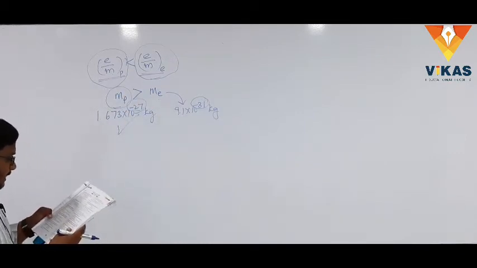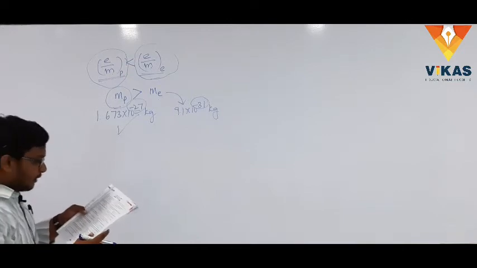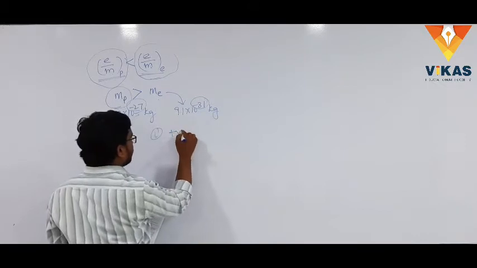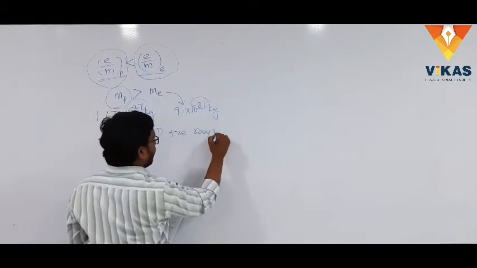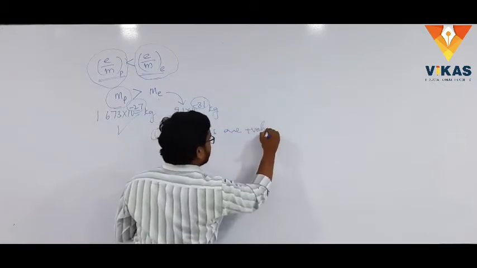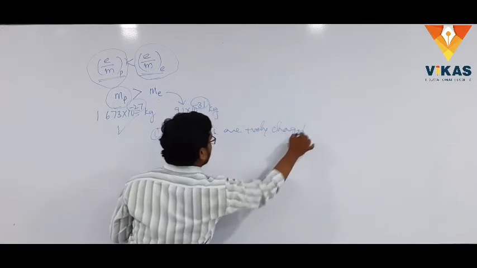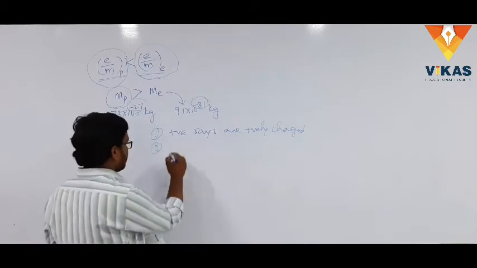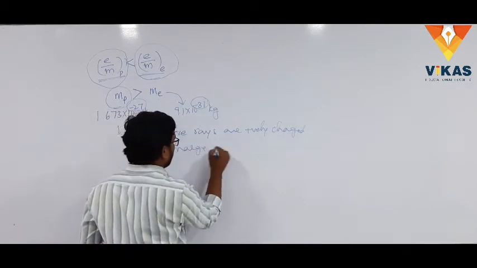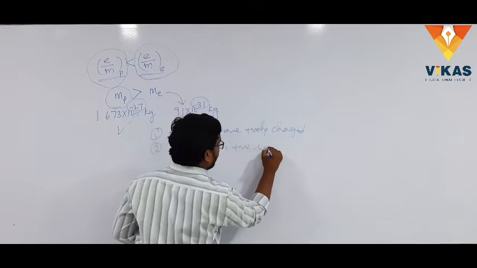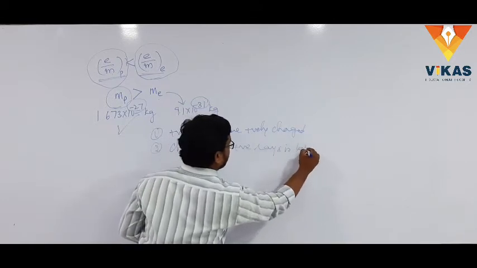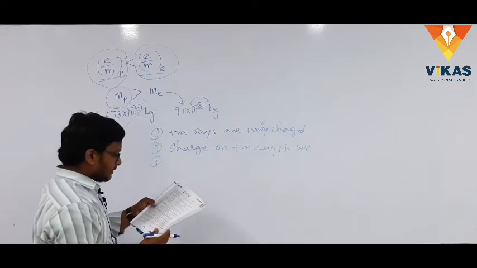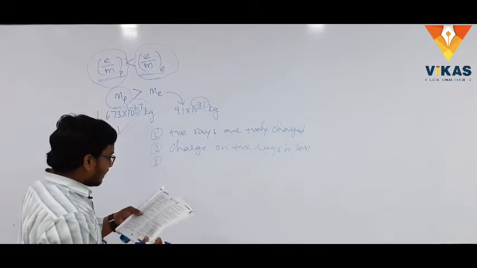So the options they gave: the first option is positive rays are positively charged. The second one is charge on positive rays is less. And positive rays comprise ions or atoms whose mass is higher.